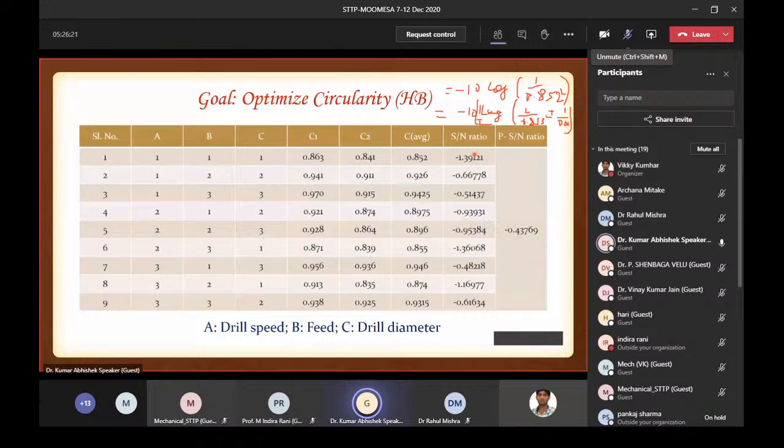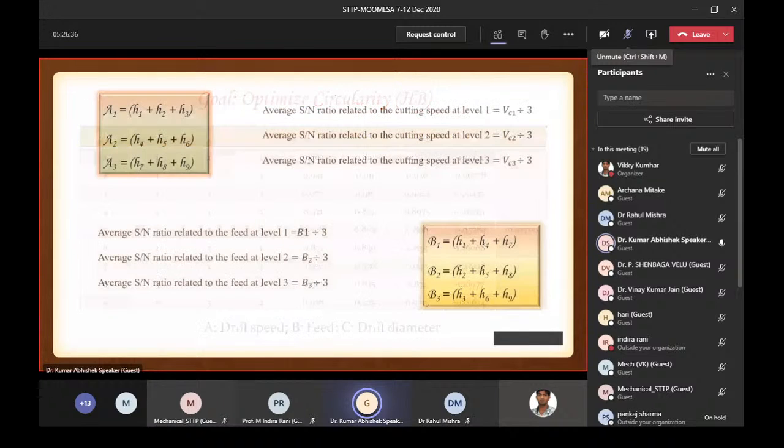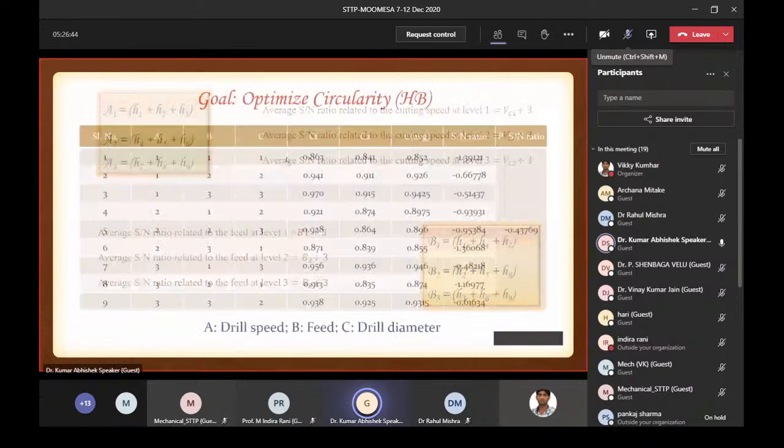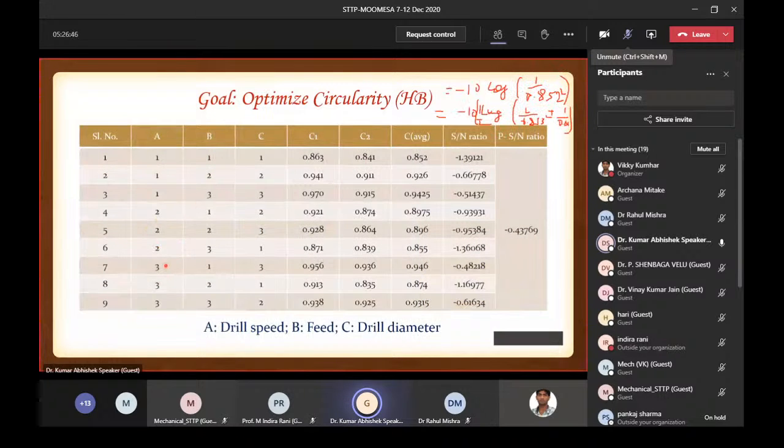I will choose the values of A at level 1, take the average of these 3 values, and we can say that this is the average SN ratio value at level 1. Similarly, we can find for level 2 and level 3.